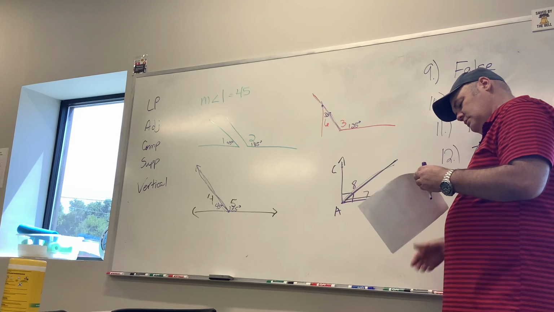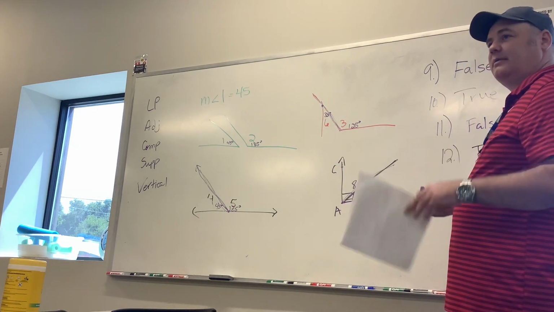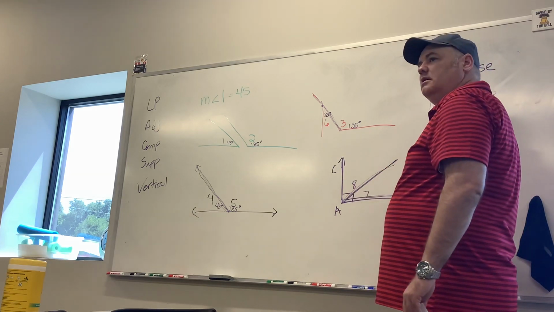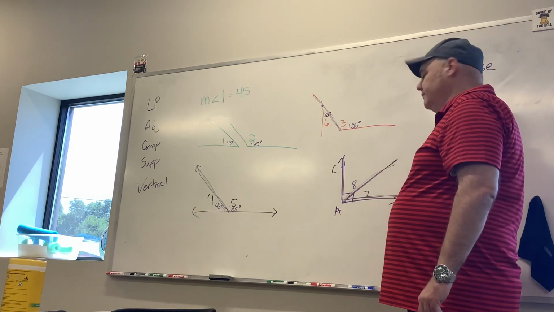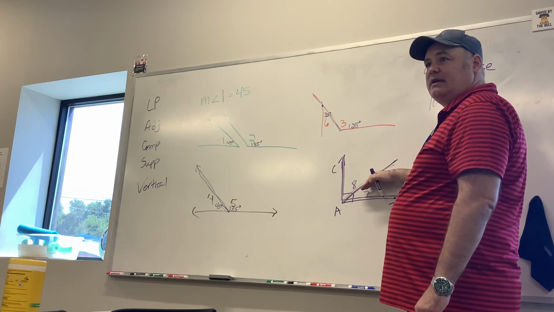And 13's. Now here's 13. This is the one I was talking about inside. It's CAT, okay, here's CAT, so it's this angle here, it's the full angle. 7 is inside of it, and they're asking, are they adjacent?